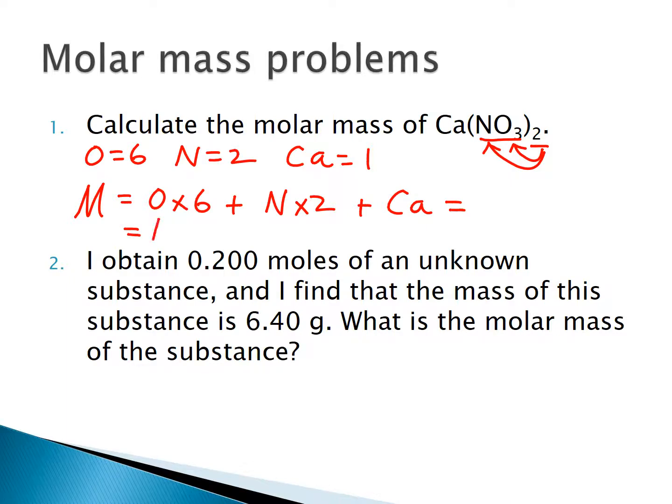So oxygen is 16.00 grams. That number comes from the periodic table, times 6, plus nitrogen, which is 14.01 grams per mole, times 2, plus the mass of calcium, which is 40.08.